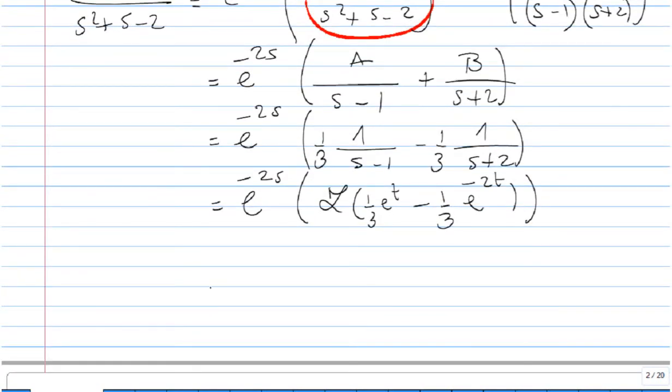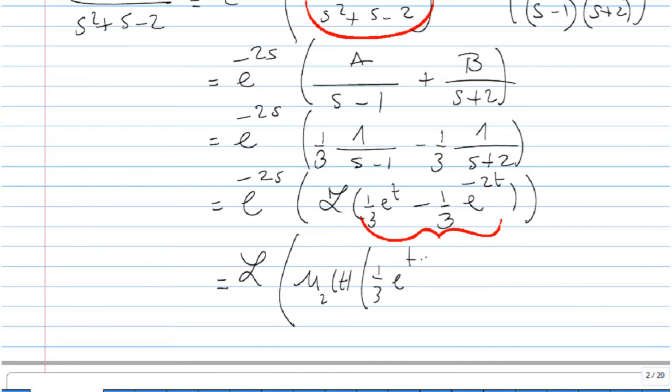So now I can use the formula. So this is the Laplace of u_2(t), and we have to take this function and shift it. Whatever you see t, you put t - 2. So it's going to be 1/3 e^(t-2) - 1/3 e^(-2(t-2)).